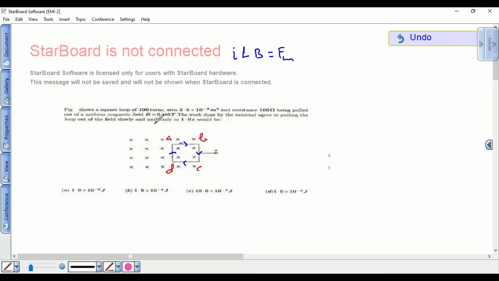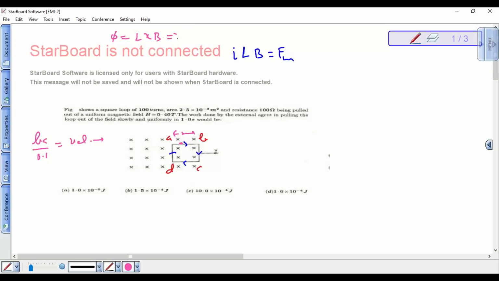Now it has been given that the loop is pulled out slowly, which means that the length BA comes out of the loop in 0.1 seconds. So that basically gives you the velocity of the point B. And since there is no acceleration, B moves with a uniform velocity. And if you consider the length x of the loop lying inside the magnetic field, then the flux in this position, shown in this diagram, is L, the length of AD, into x into the magnetic field.